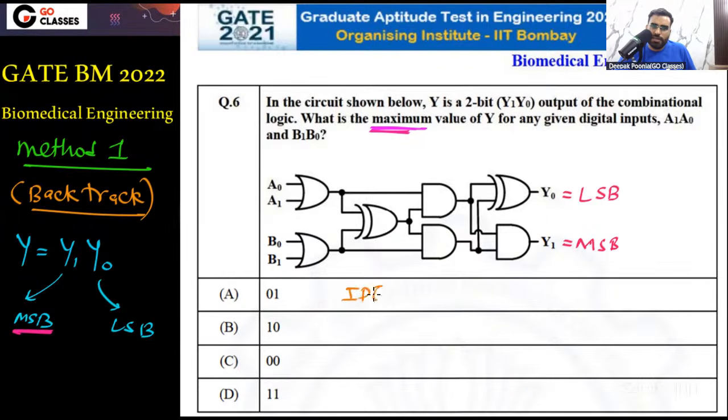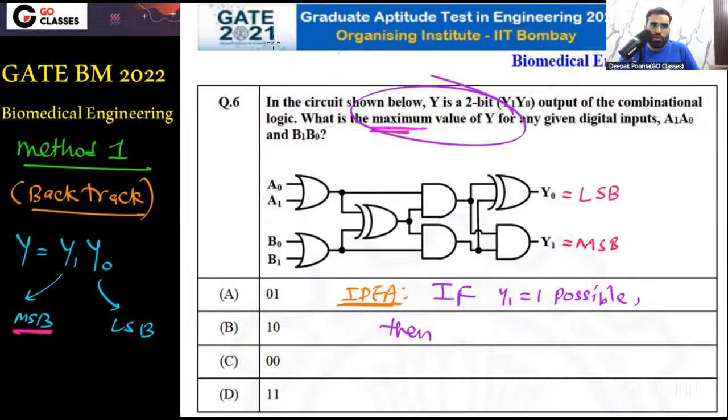The idea is that if Y1 equal to 1 is possible, if I can make this Y1, only this Y1, equal to 1, then the maximum value of Y will be either 1 0 or 1 1. So automatically you can see these two options will be eliminated.